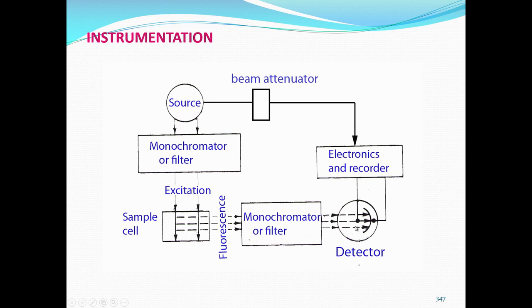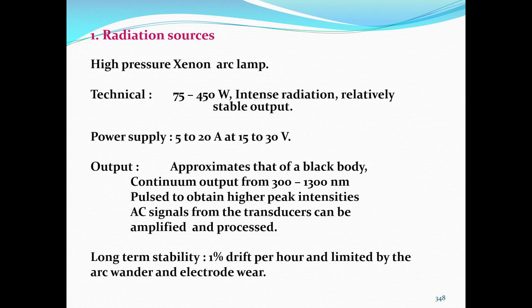Most of the things we have learnt earlier with respect to instrumentation are all there in this system also. So, there is no need for us to go into details of this except for some small minor changes. Now let us look at the radiation sources.